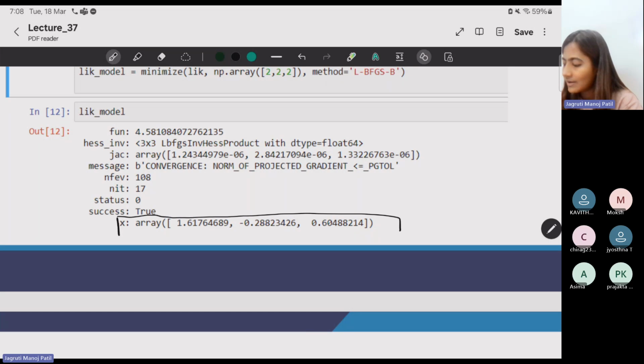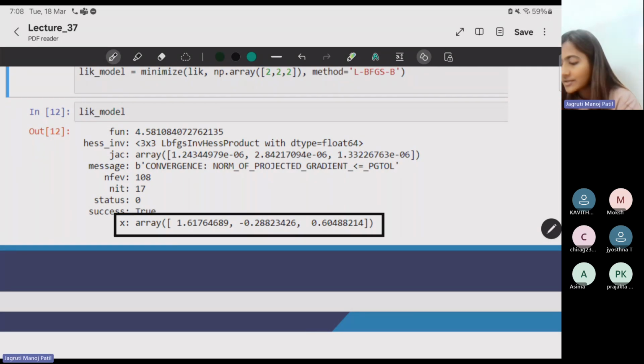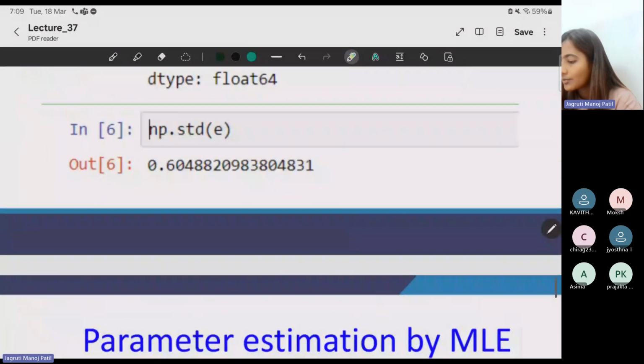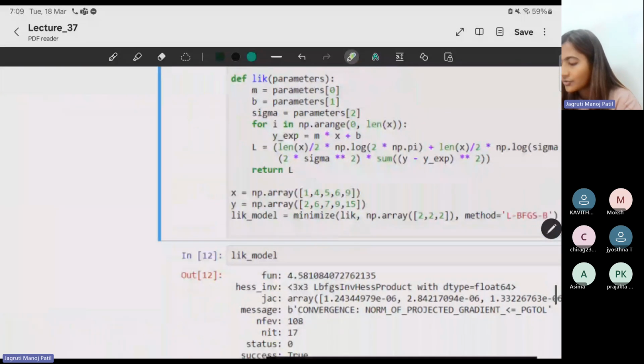So these are my final values. The first one is my intercept, next one is my slope, next one is my standard deviation of the error. Either way you solve, your values would be the same.